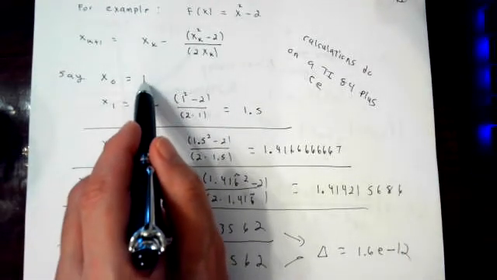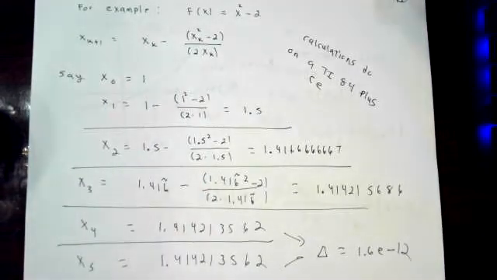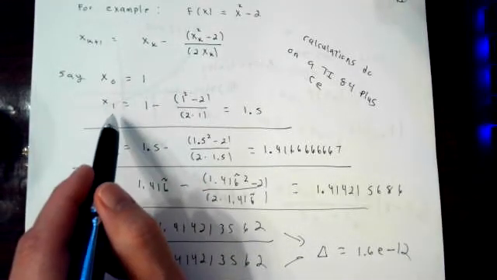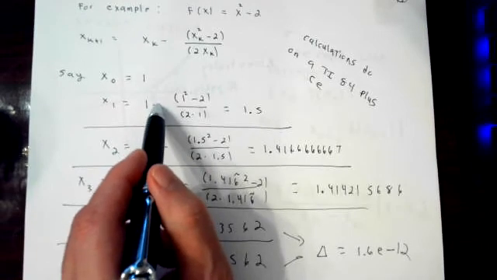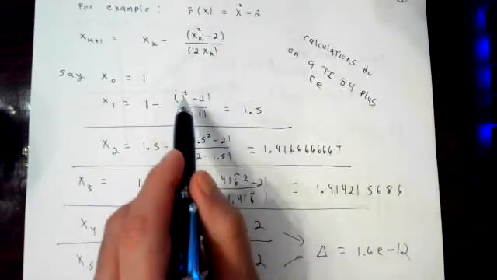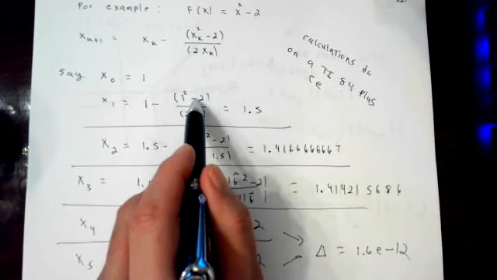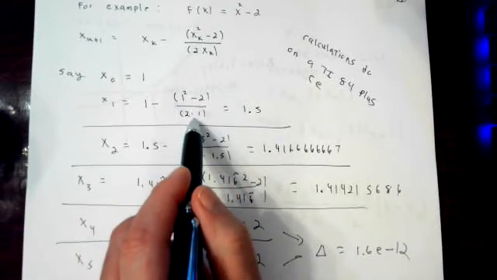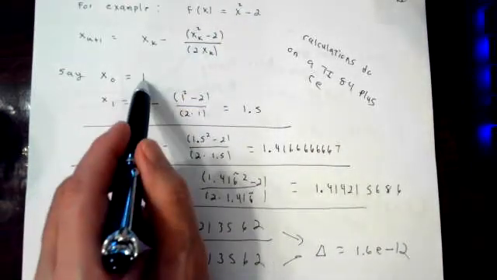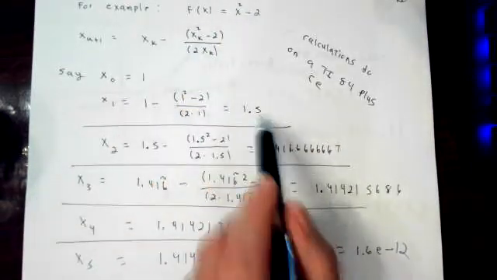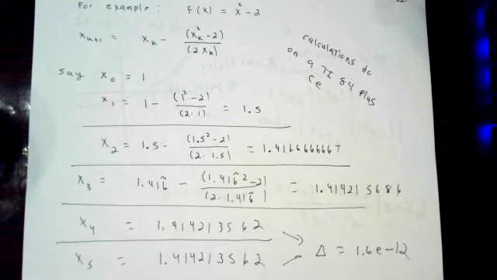I'm going to start at x equal 1. The next one is the previous x value minus the function value x squared minus 2 divided by the derivative 2 times x, 2 times 1, comes up to be 1.5. Then we're going to do the same thing.